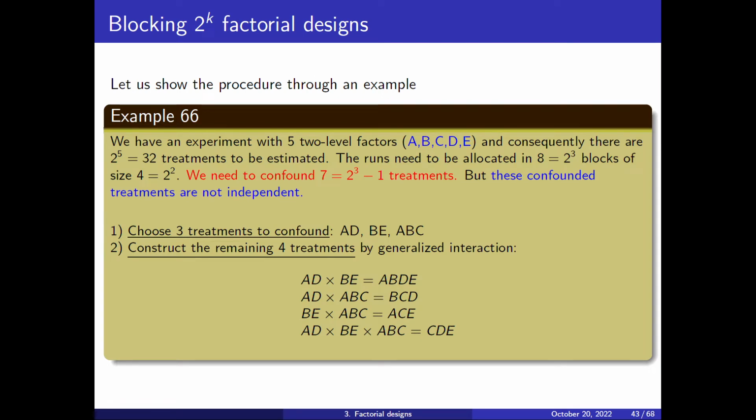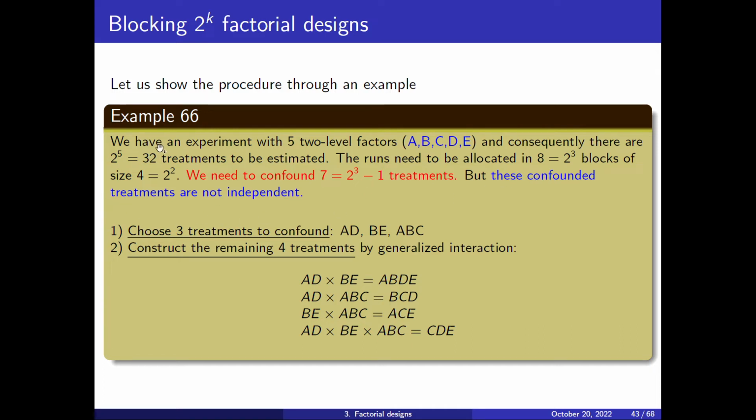So how do we design these experiments? Let's say that we have 5 factors, each one with 2 levels, and then the full factorial will need 32 different treatments, but we have to allocate them in 8 blocks of size 4.